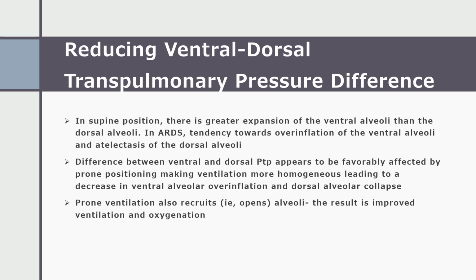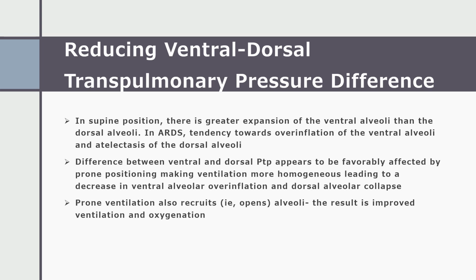Now coming back to how prone position helps in improving oxygenation. The first important mechanism is reduction in ventral dorsal transpulmonary pressure difference in prone position. In supine position, there is a greater expansion of ventral alveoli than the dorsal alveoli. In ARDS, this effect is exaggerated.